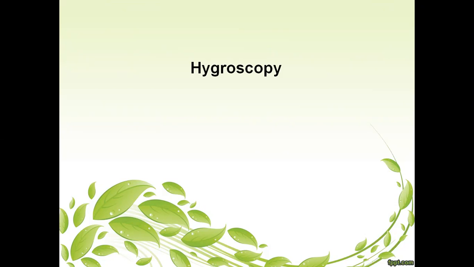For example, we put salt on a small piece of paper at room temperature. This salt absorbs air moisture, and it does not change its shape, taste, anything. So these are hygroscopic substances, and this property is called hygroscopy.